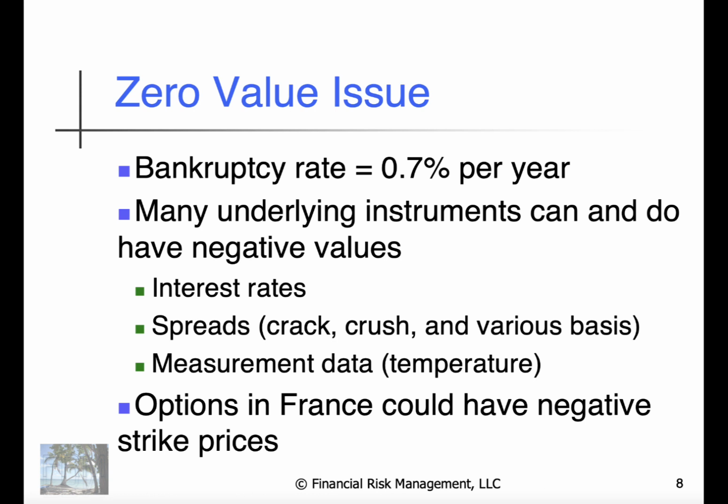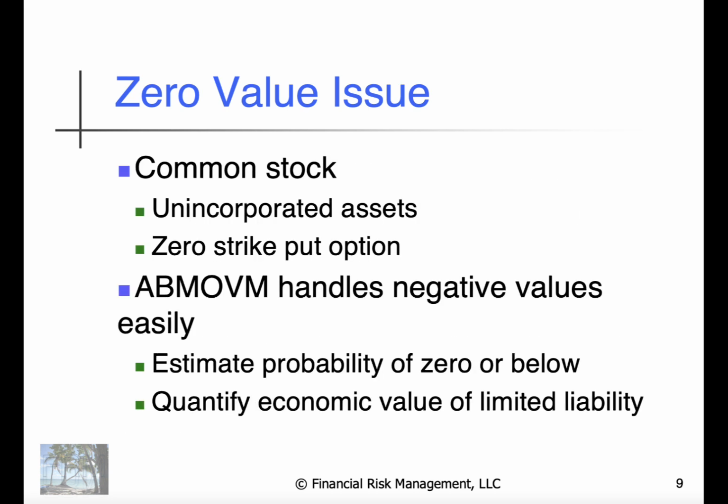And there are options on these spreads. Measurement data such as temperature can obviously go negative. One interesting sidebar: in Bachelier's day, when he did his doctoral dissertation in Paris, France, options could actually have negative strike prices. And back then, companies did not enjoy limited liability.